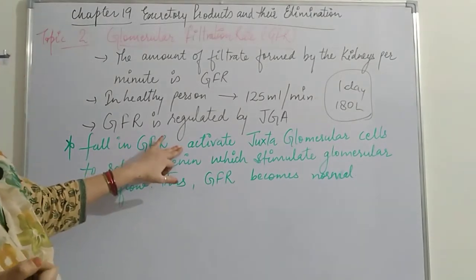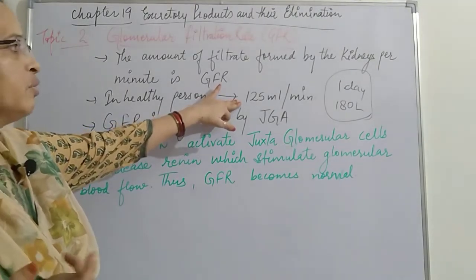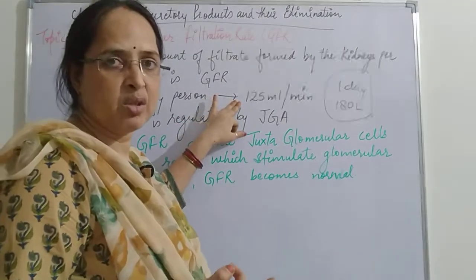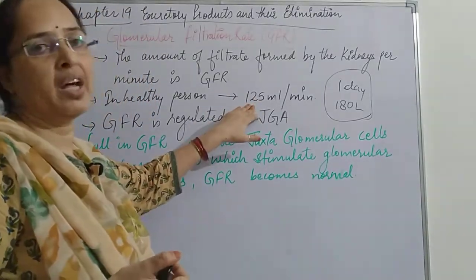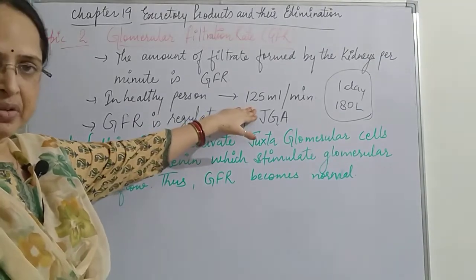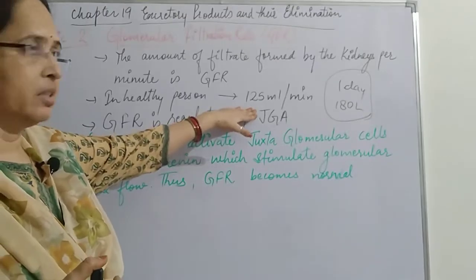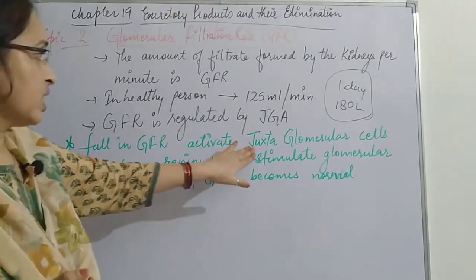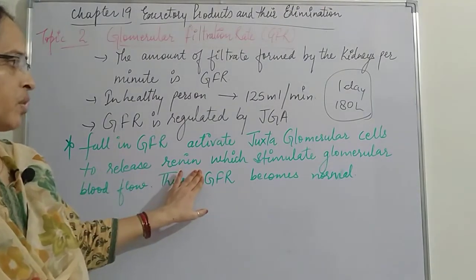It activates when the filtration rate decreases, that means when the normal filtrate formation decreases or there is scarcity of water, that is, below 125 it goes. If glomerular filtration rate goes down below 125 milliliter per minute, then juxtaglomerular cells release renin.